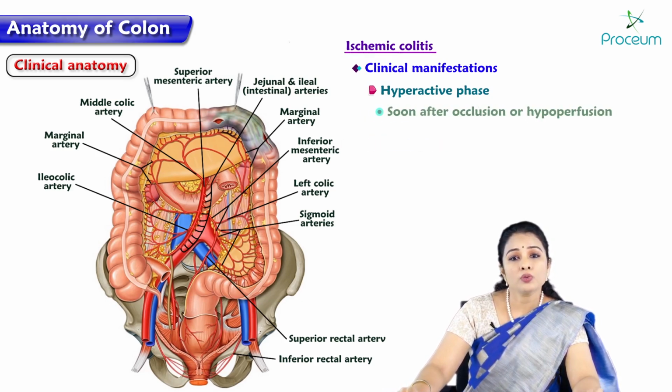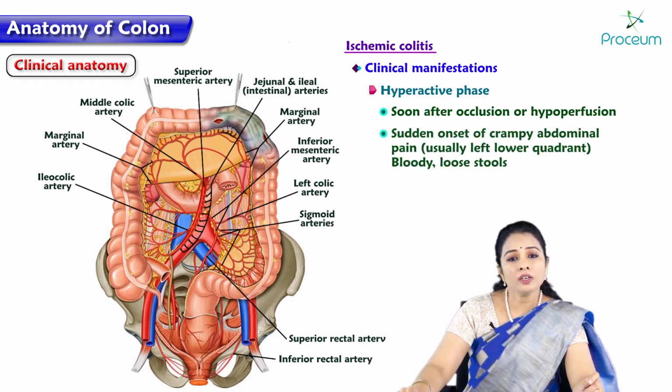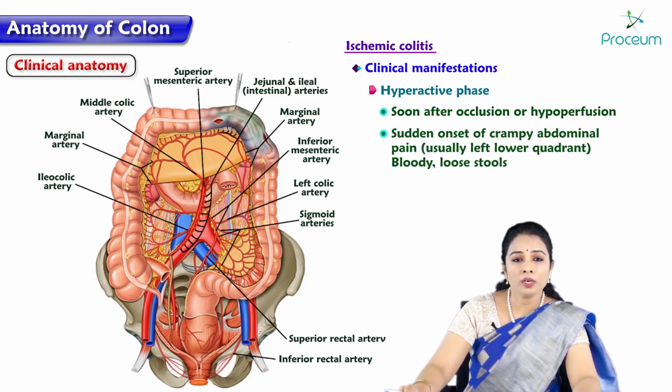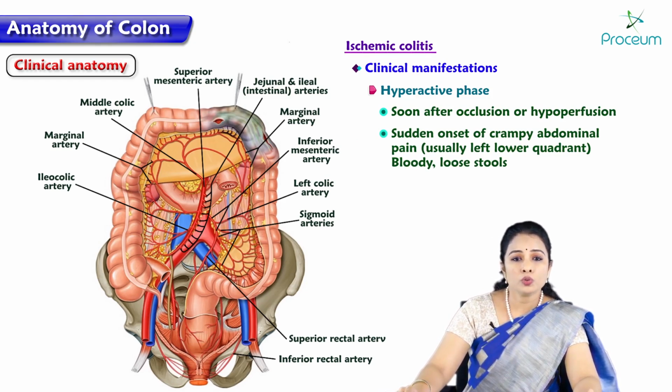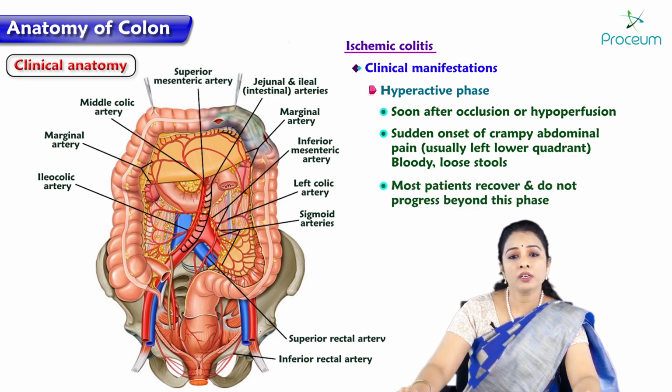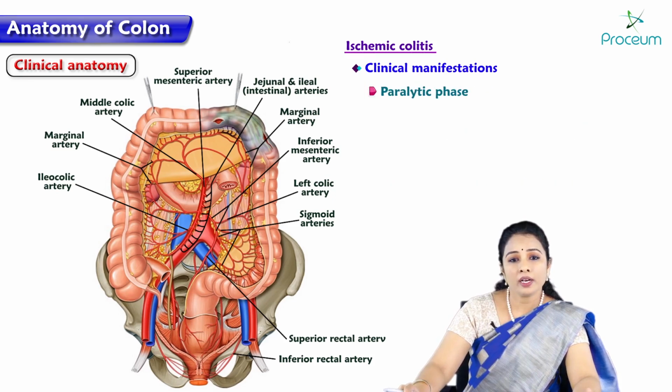Hyperactive phase. Soon after occlusion or hypoperfusion, there is sudden onset of crampy abdominal pain, usually in the left lower quadrant, and bloody loose stools, that is melena. Most patients recover and do not progress beyond this phase. The second phase is the paralytic phase.